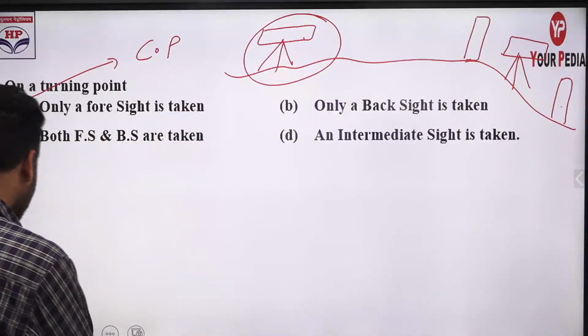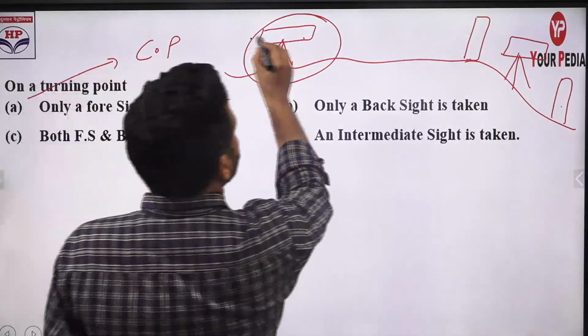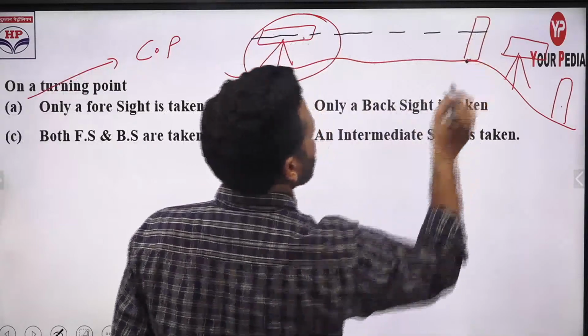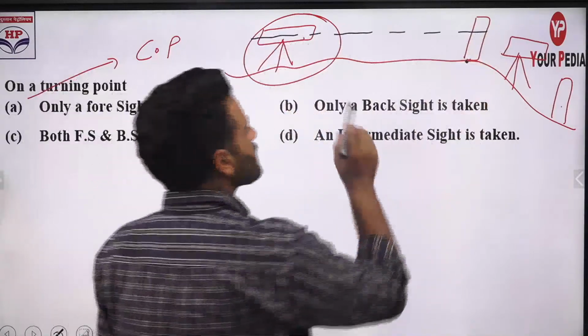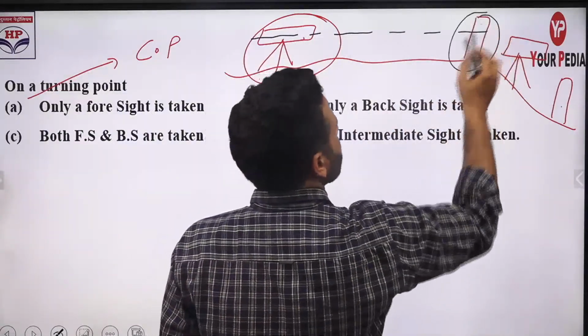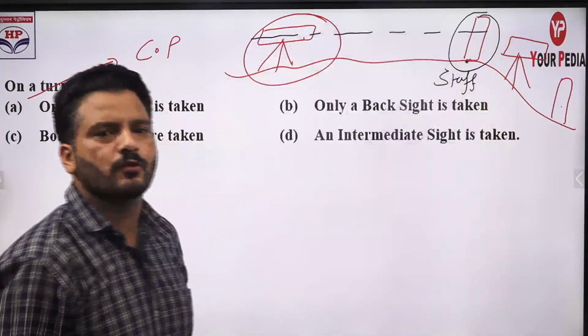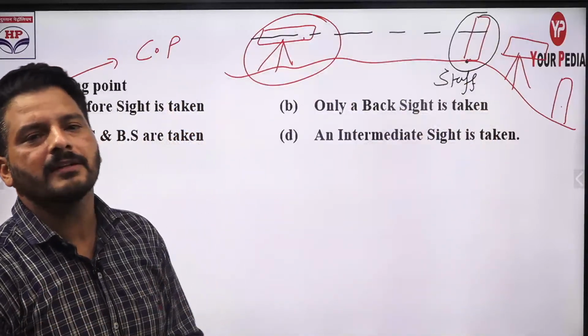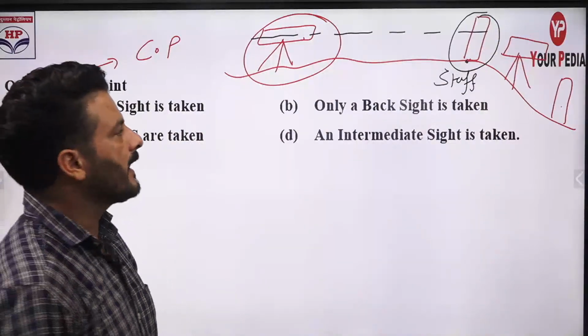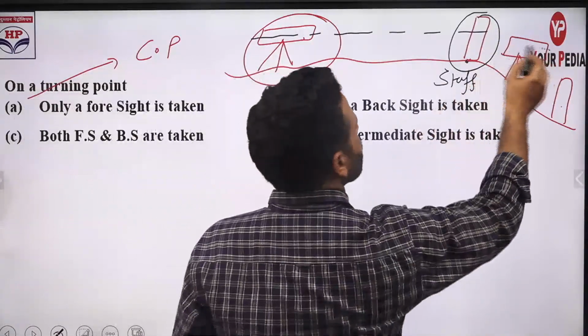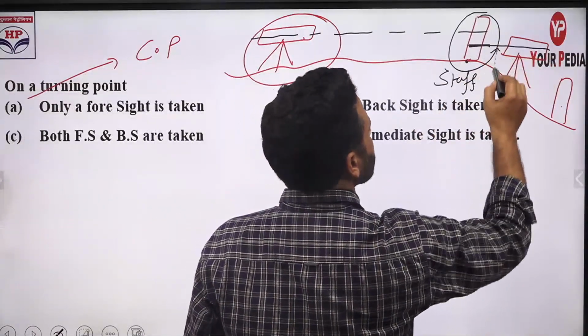So what you did here, guys, have a look. The last reading that you took on this point will be your foresight, and don't remove the staff from here. This is your staff position, and when you change your instrument, after leveling and making the bubble at its center, the reading you find here, you note, will be the backsight.